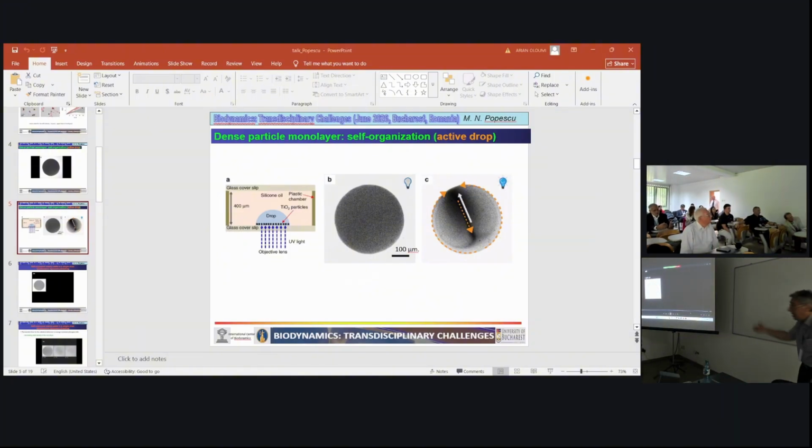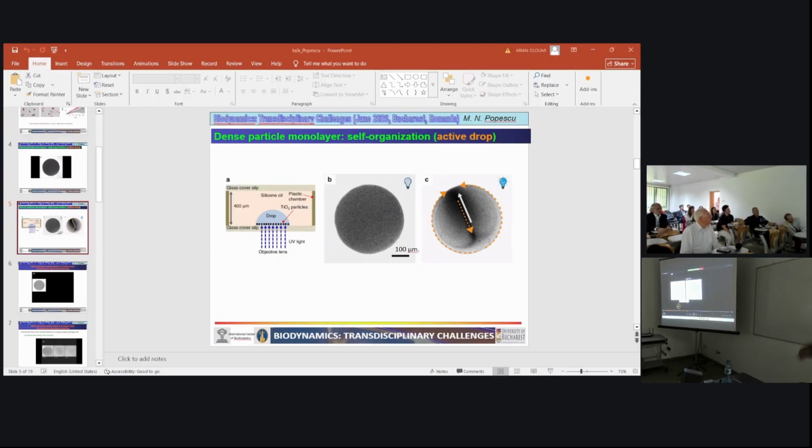You turn on the light, you let the pattern form, and you see it in that direction. You turn the light off, you let it relax, you turn it on again, and you start again making the pattern. If there was an asymmetry, an imperfection, it would have been the same direction. But no, you see the arrows.